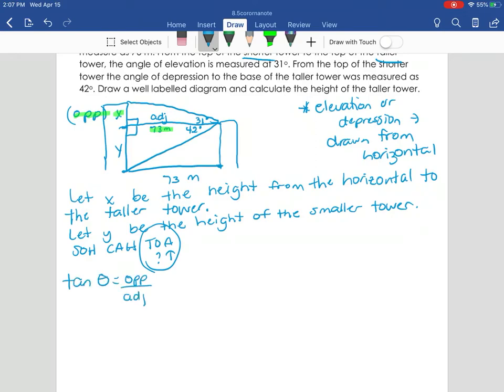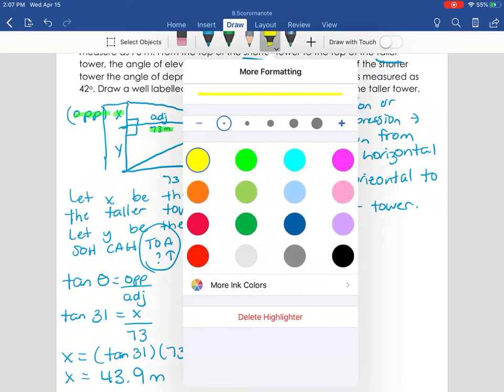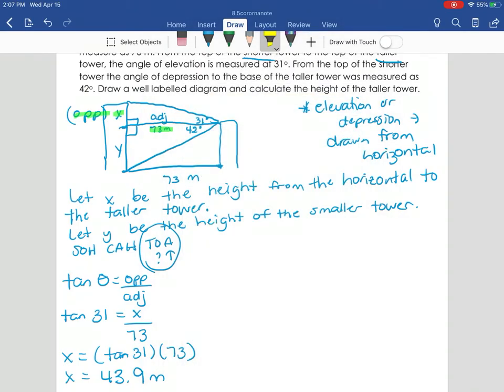So tan theta is opposite over adjacent, so x over 73. With the x on top, it makes our life a little bit easier. And then the same thing for y, except this time we're going to use 42 and y, which is opposite.